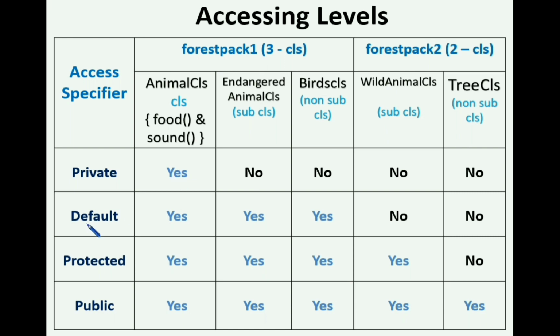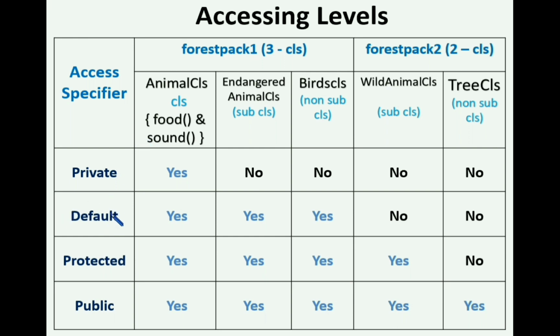The second access specifier is default. Here it can be accessible within the class, subclass and non-subclass of the same package. So I am giving void food, void sound. That means I am not specifying any access specifier here. So now what will happen?